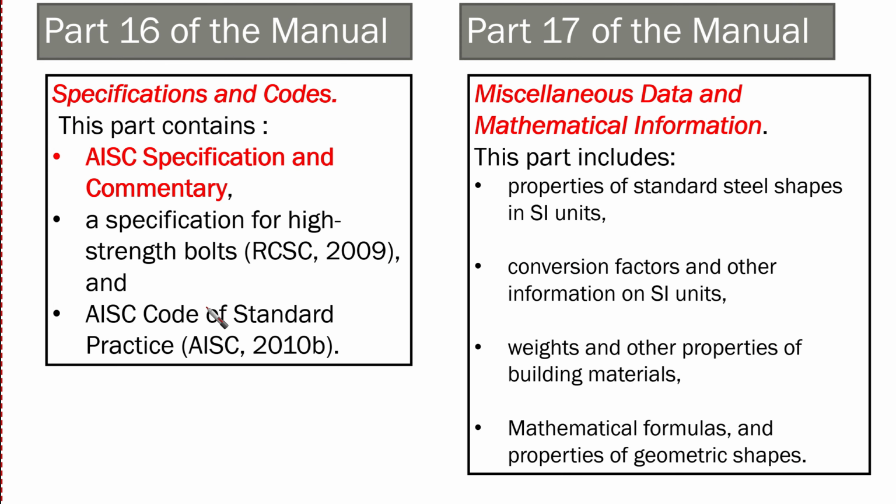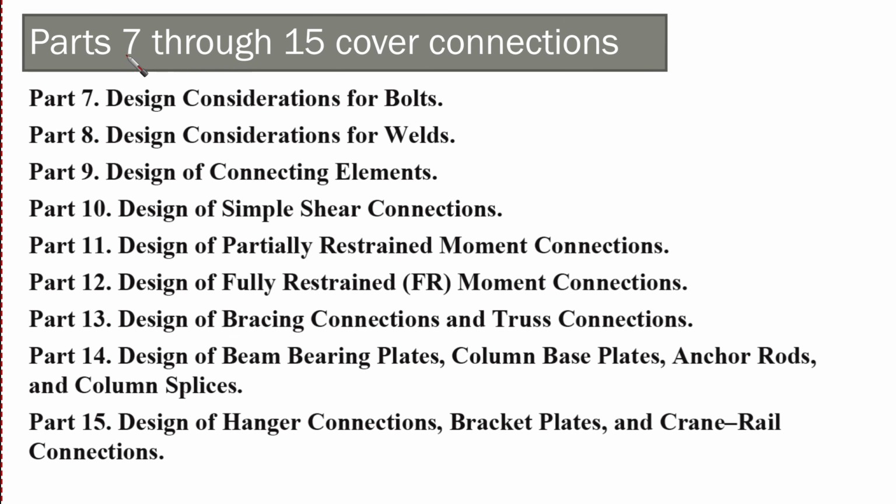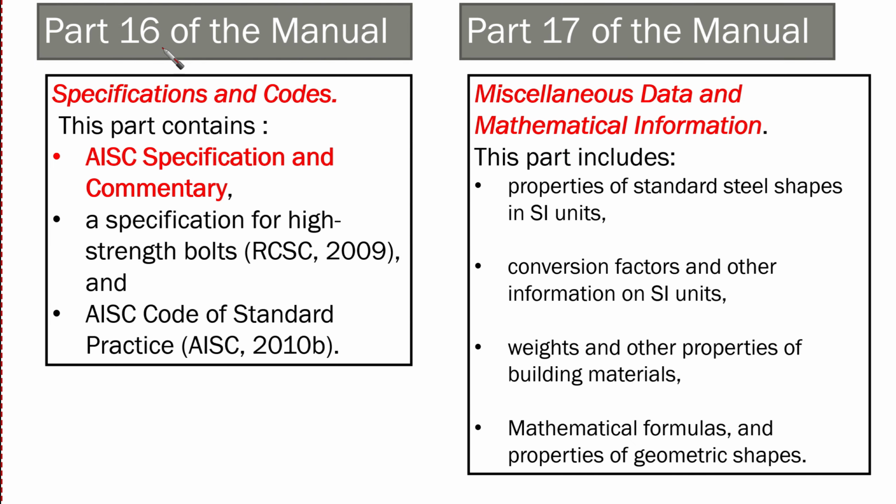And then, after parts 7 to 15, we have part 16 of the manual, specifications and codes. This part contains the most important reference of the manual, which is the AISC specification and commentary.